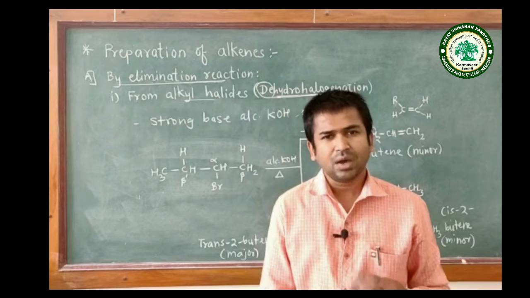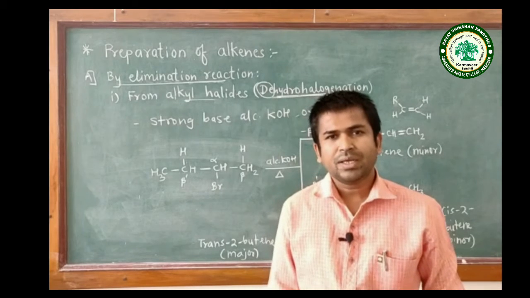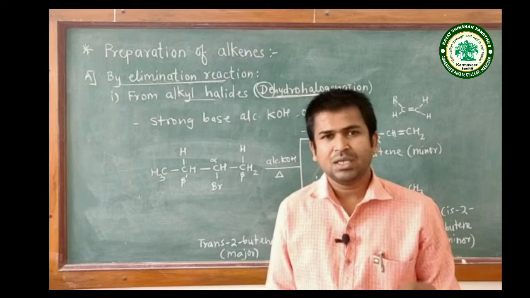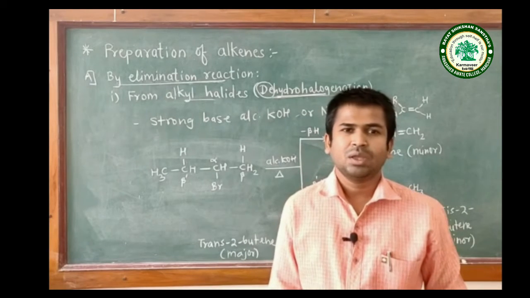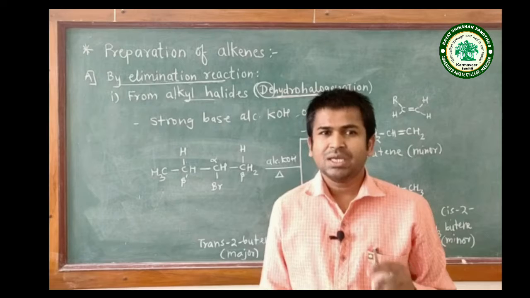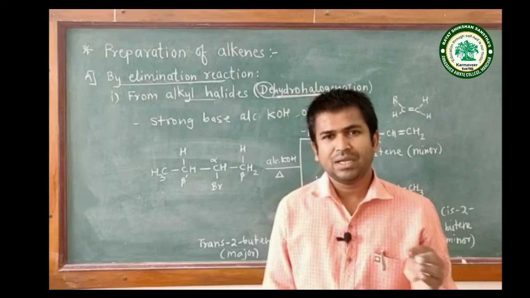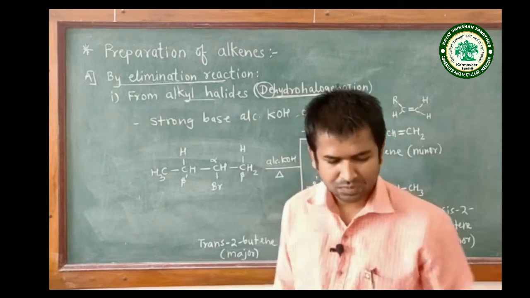Okay. Now, whenever two or more alkenes are obtained, one alkene is obtained as a major product, and which alkene is formed as a major product is decided by the Saytzeff rule.